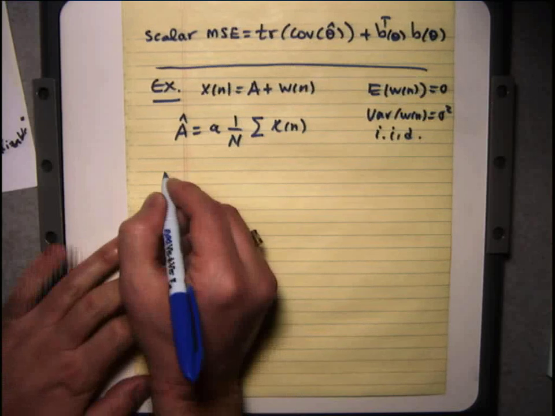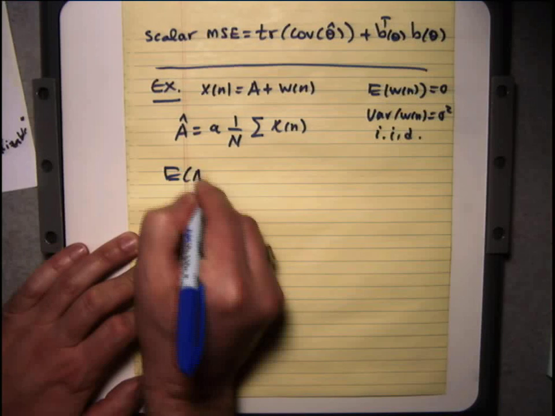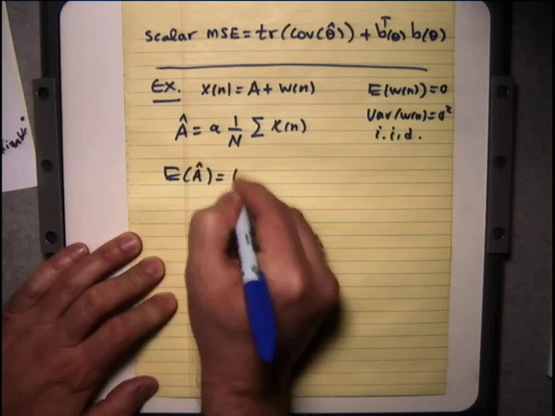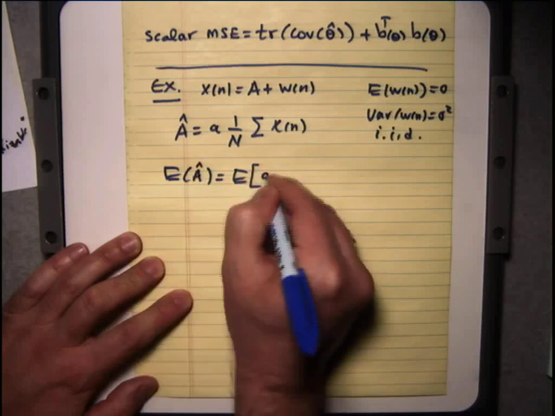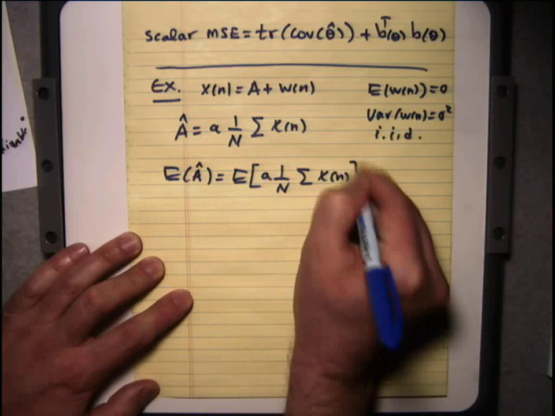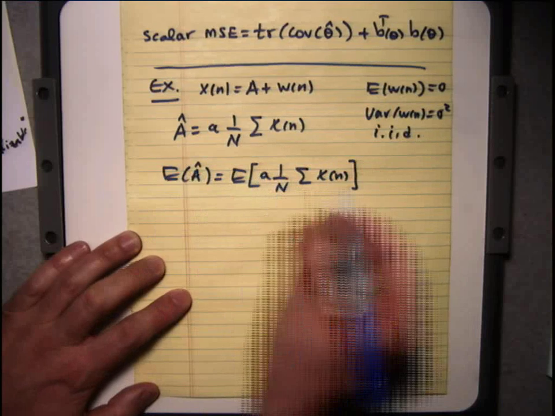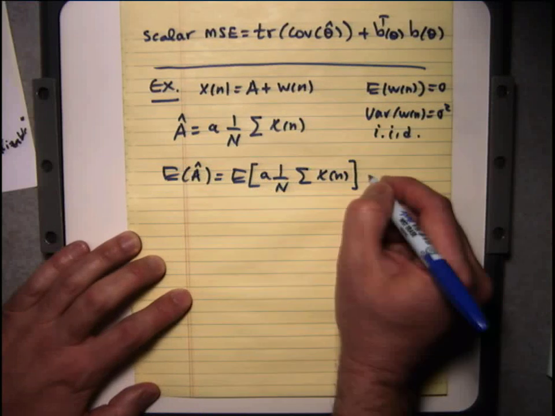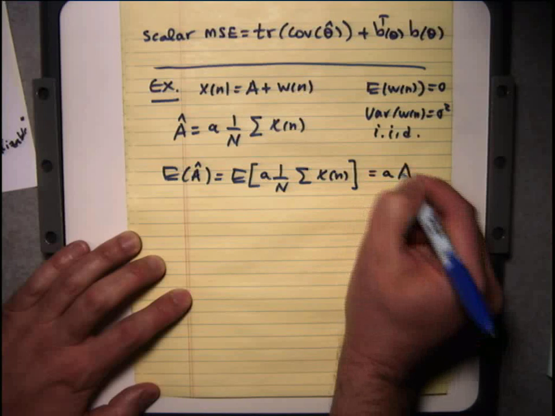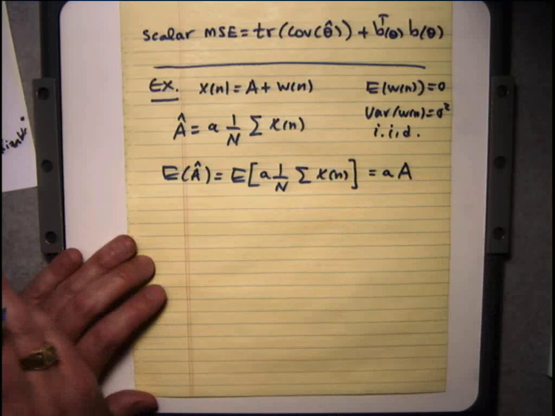Okay, first of all, what's the bias? The expected value of A hat, the expected value of a times 1 over n summation x of n. The little a is just some constant I'm going to play with, so it comes out, and this thing we computed before, so this is a times capital A. So the estimator is no longer unbiased.